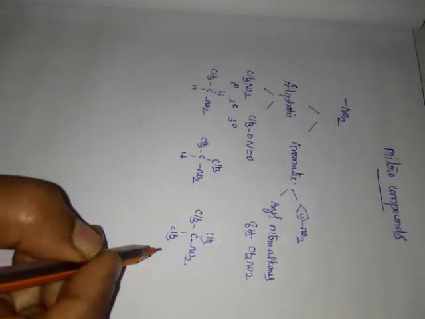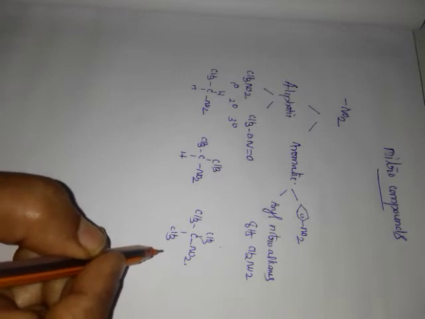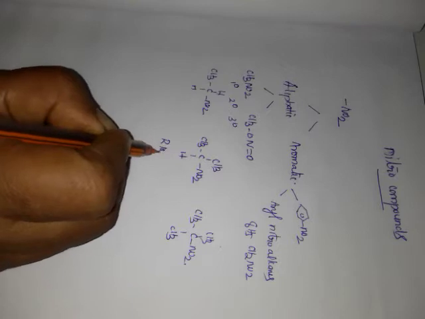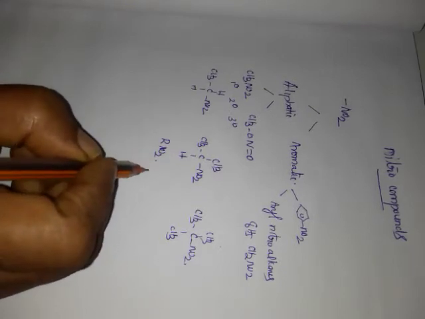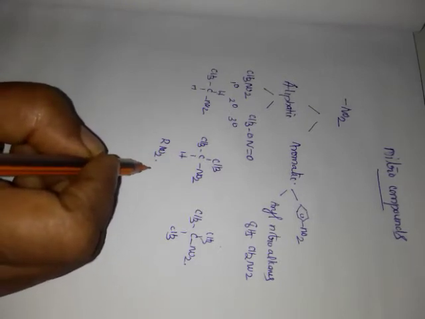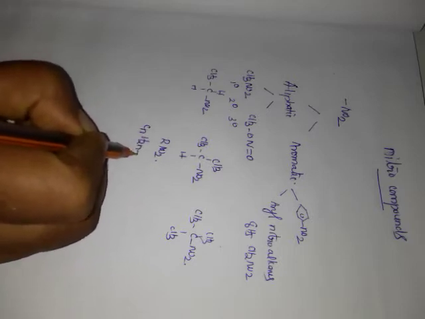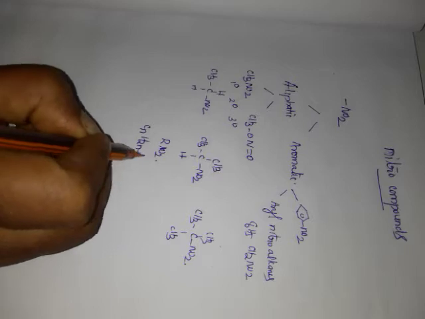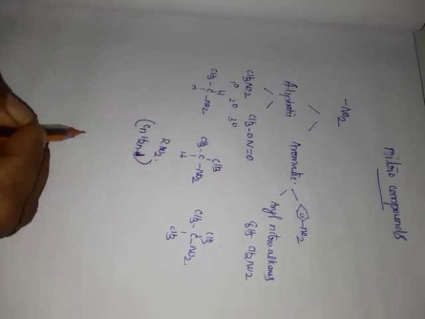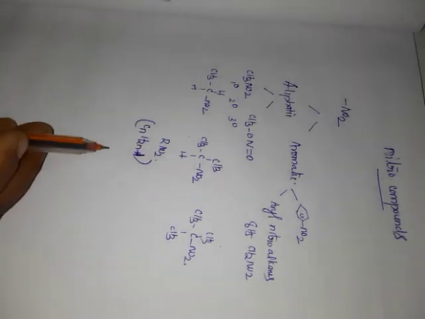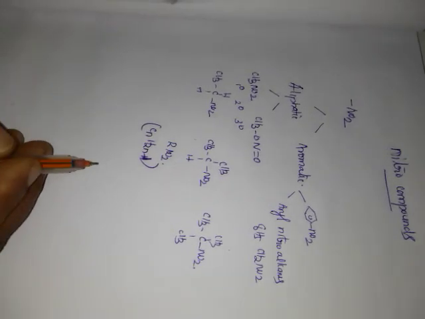Now these nitroalkanes are represented by the formula RNO2, where R is an alkyl group having the general formula CnH2n+1. Nomenclature is everything clearly given in the book.